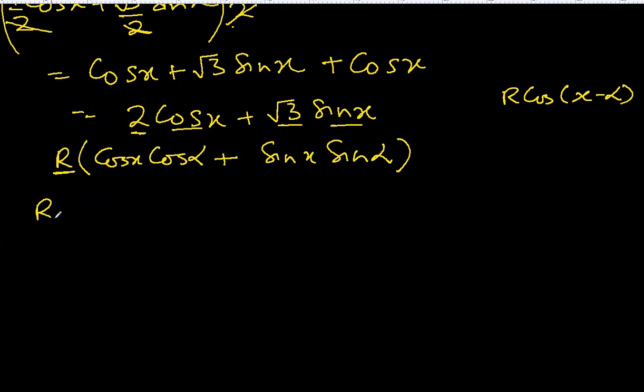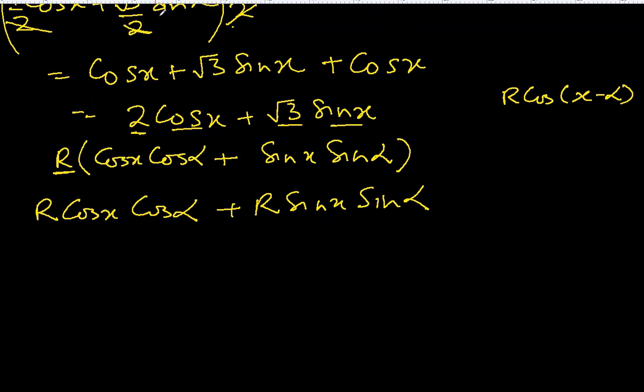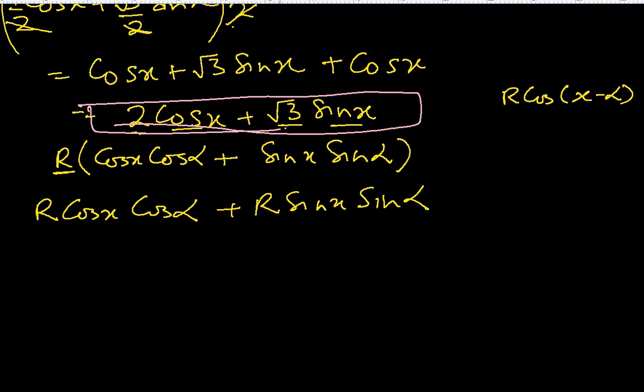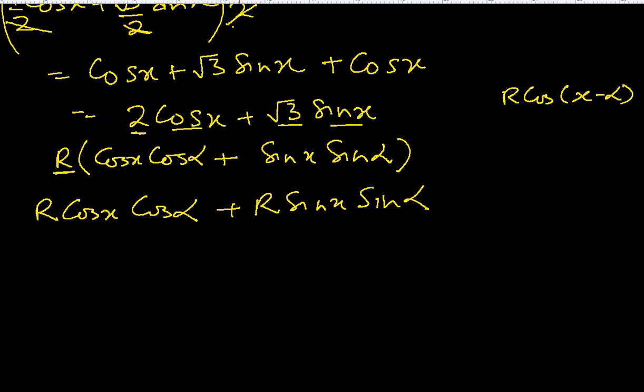Let me expand this: r cos x cos alpha plus r sin x sin alpha, that's what it becomes. So now we can compare the two equations, the given one which was here and the one which we have to convert to. So cos x is here, cos x is here.